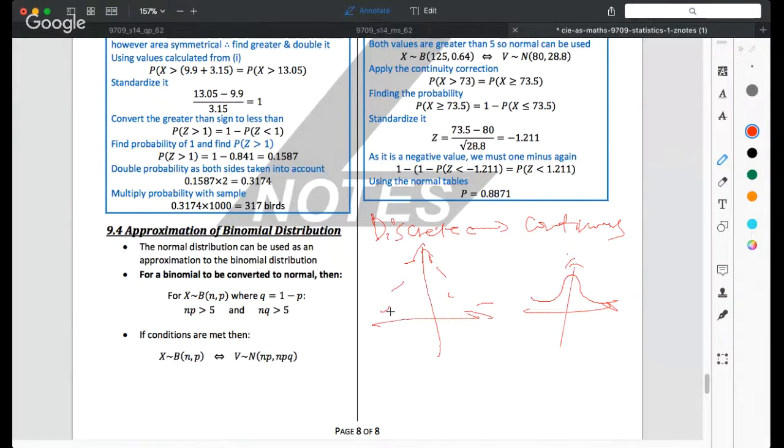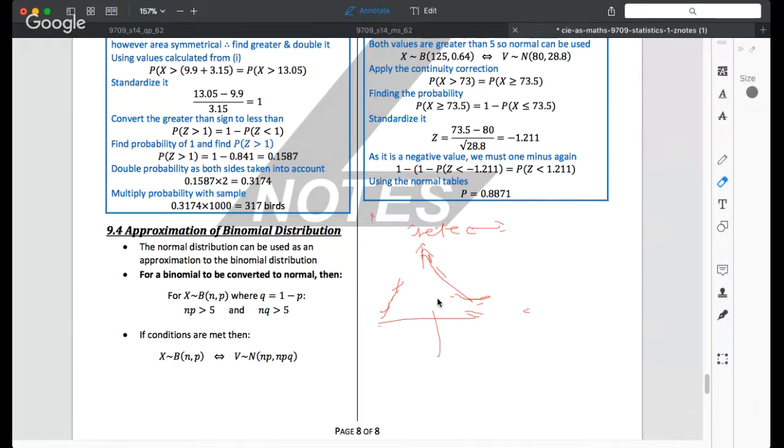And if we have enough points, when n is large, this is approximately like a continuous graph of the normal distribution, right? So this is the reason why we can approximate a binomial distribution with a normal distribution.